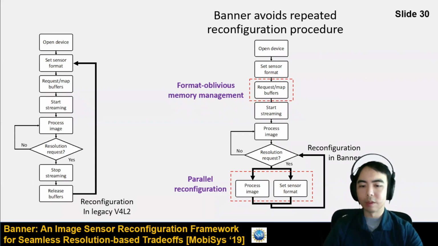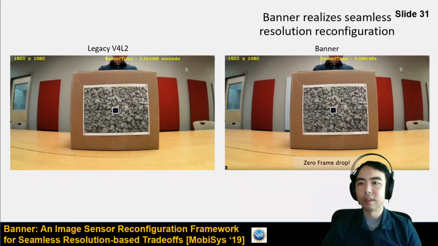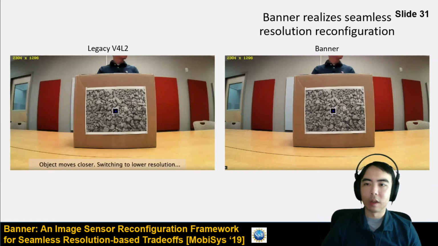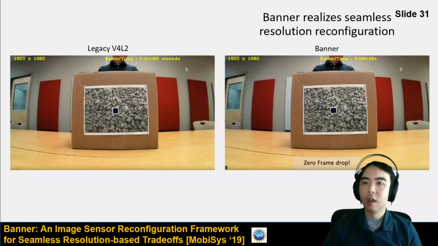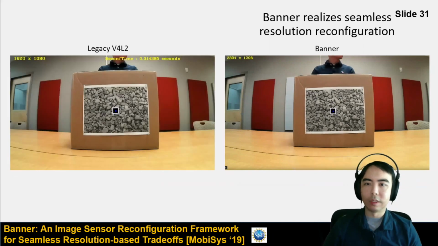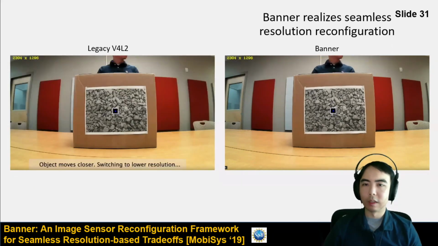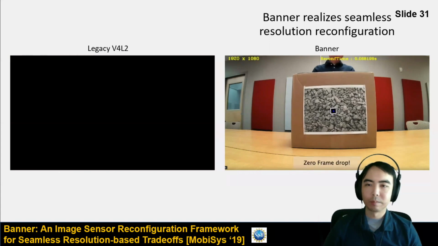We're able to actually save on all that time. And so what that results in is that now, instead of having those cut-to-black periods, we're actually able to change from high to low resolution, low to high resolution, with zero frame drop, which you're seeing on the right side of this figure there.